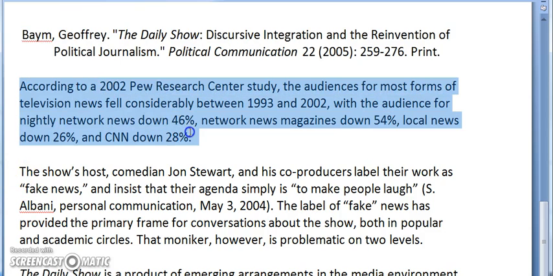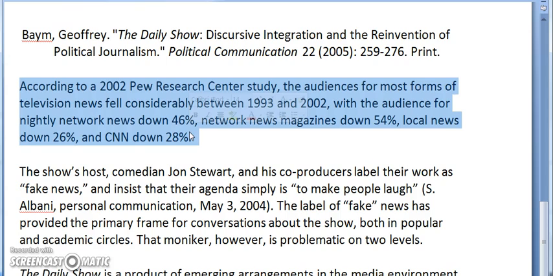According to a 2002 Pew Research Center study, the audiences for most forms of television news fell considerably between 1993 and 2002, with the audience for nightly network news down 46%, network news magazines down 54%, local news down 26%, and CNN down 28%.